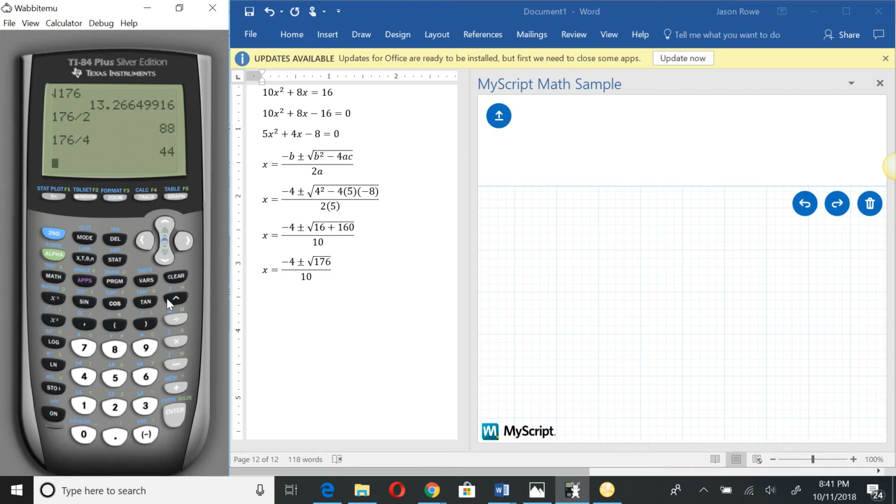Okay, so let's see if it's divisible by 16. Oh, look at that. And the reason I got 16 is because this is 44. 44 is 4 times 11. 4 times 4 is 16. I'm just playing around with the numbers until I get a factor. So I know that 16 times 11 equals 176. So that's what I'm going to use to simplify my radical.